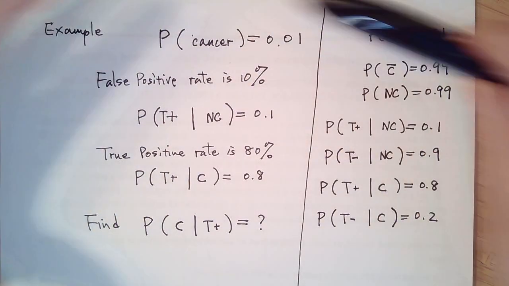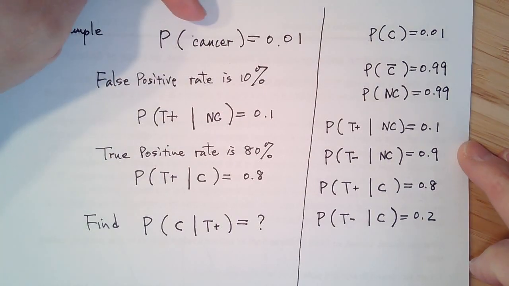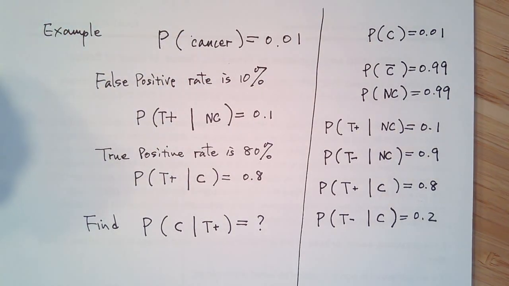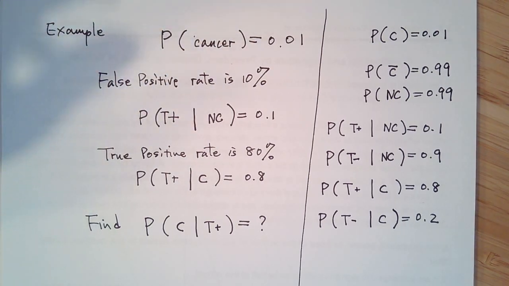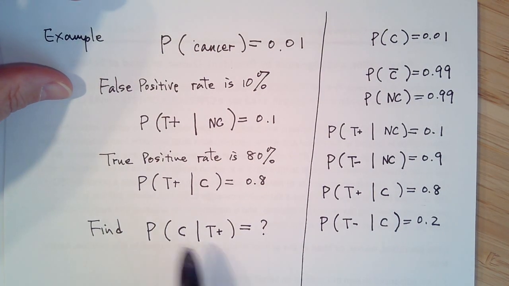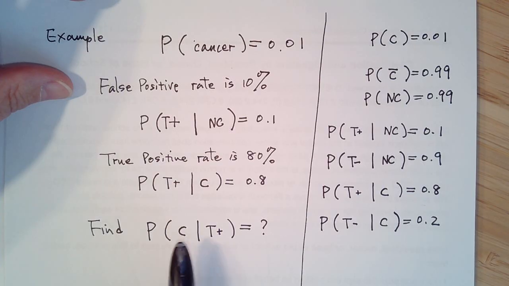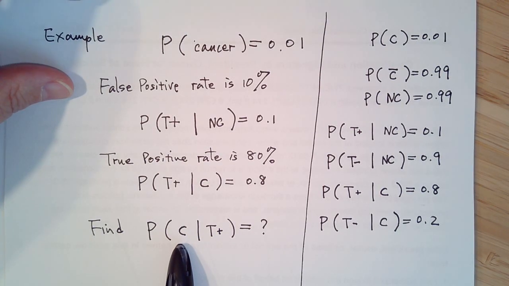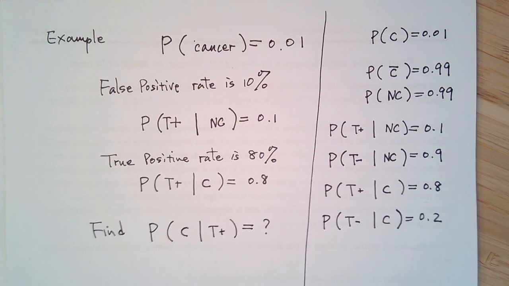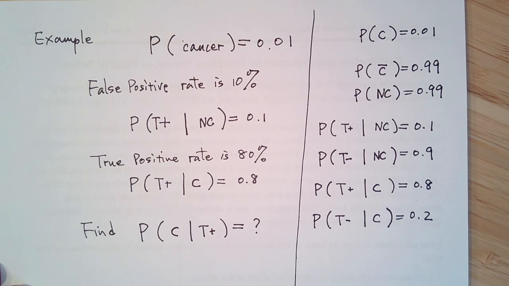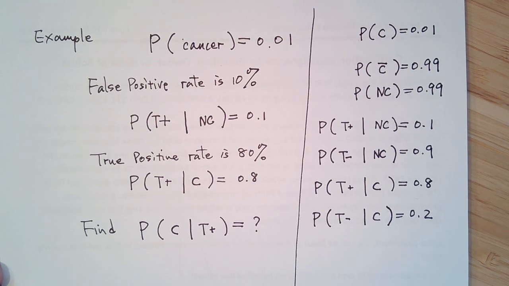Think about cancer, or something similar like COVID. Someone has COVID, and the test comes with some false positive rate and some true positive rate, and I ask you, what is the chance that he or she has COVID, or in this case, cancer? Looks really, really hard.